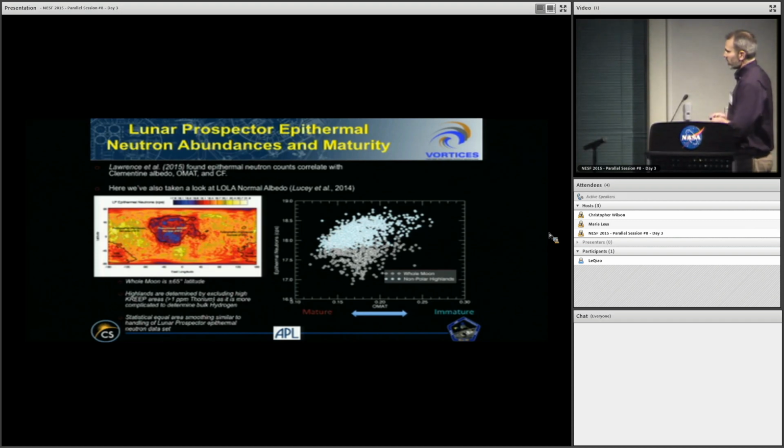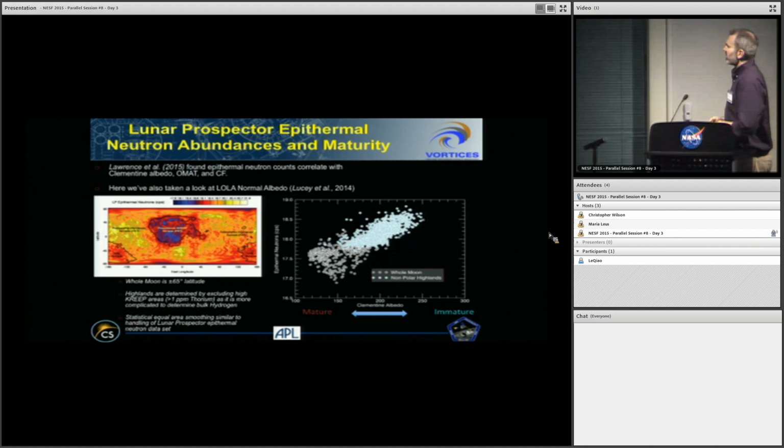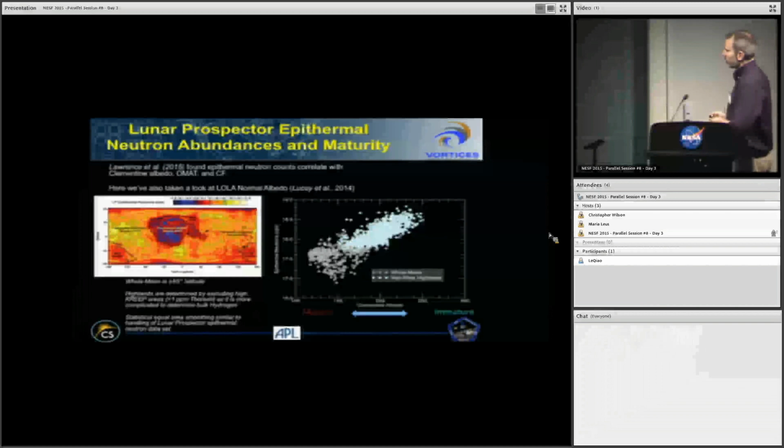As you can see, there was quite a bit of scatter, as in the previous look by Jeff Johnson. But as we look at primarily the non-polar highlands, this starts to become quite a bit more trend-worthy, I suppose you might say. Taking a look at epithermal neutron counts relative to Clementine albedo, there's an even more apparent trend, even at a global level.